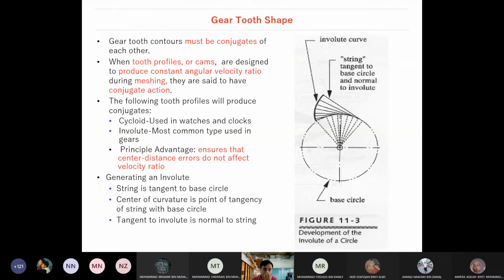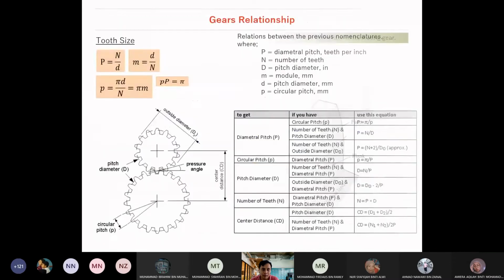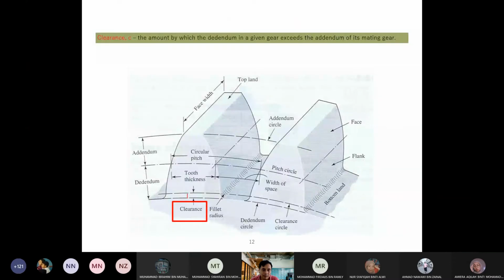If you look at this, the gear is not really straight. So there's a curve into it. There's a reason behind it. Kenapa kita perlukan bentuk curve instead of straight one.